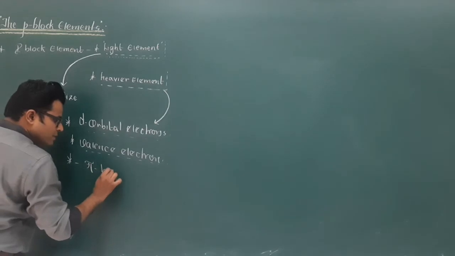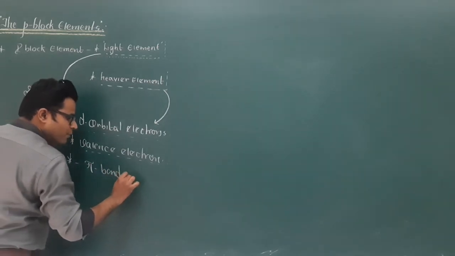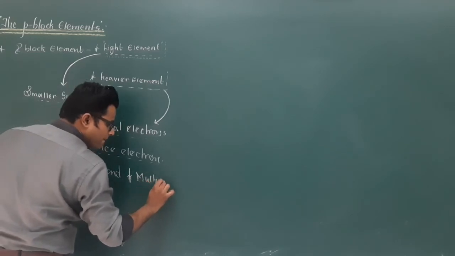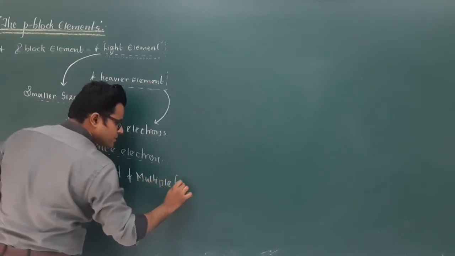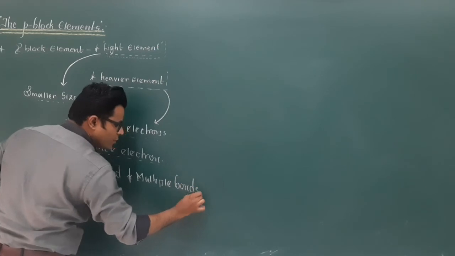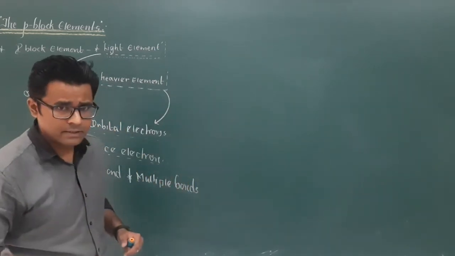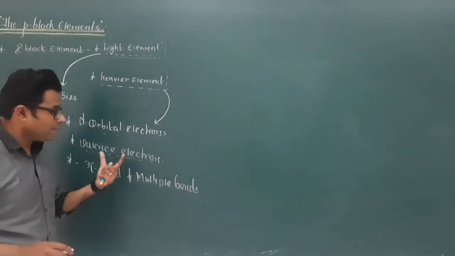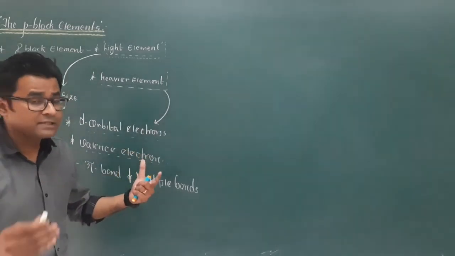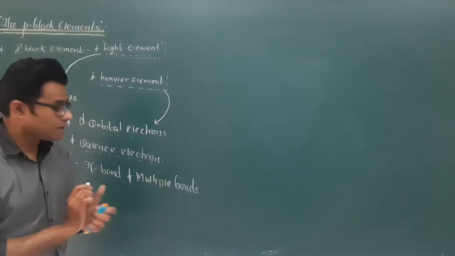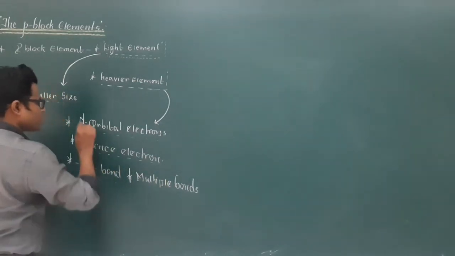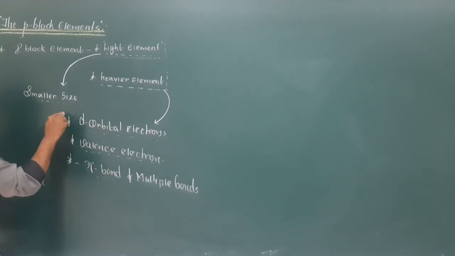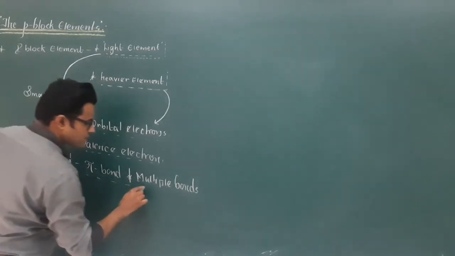Pi bonds are nothing more than the presence of multiple bonds. So we can say that the heavier elements have a tendency to form multiple bonds also, that is, double bonds and triple bonds. Therefore, it is all because of the orbital electrons. These are important characters.